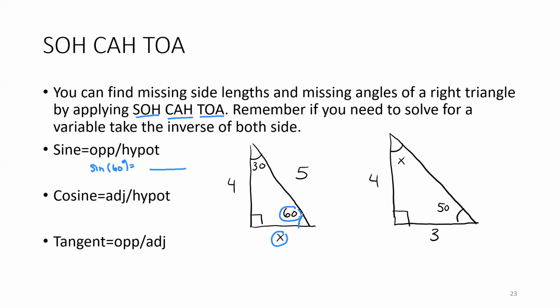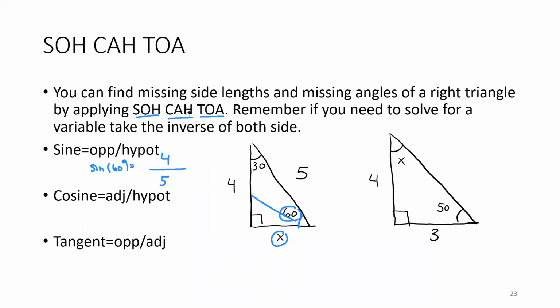From the angle 60, can you tell what the opposite side is? The opposite side would be the 4, and the hypotenuse is 5. This is not going to work because you need one unknown and one known value. This gives you two known values. It will never give you x.